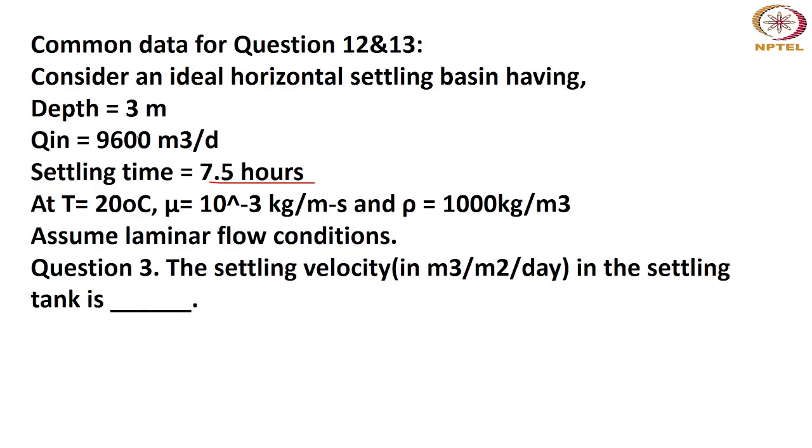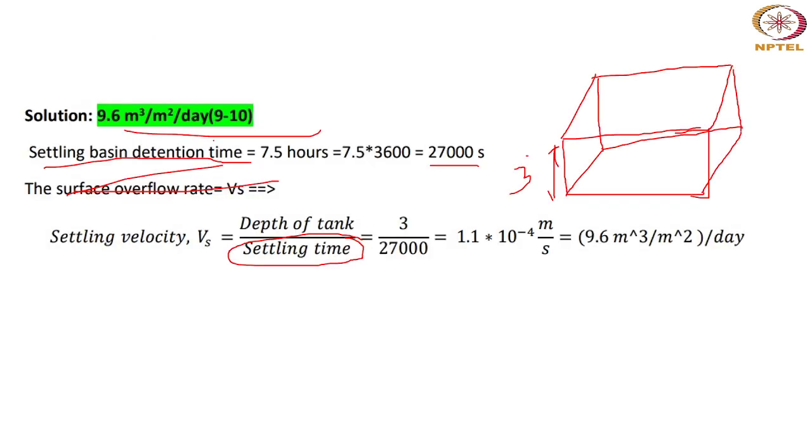Depth of the tank is 3 meter. Suppose some particle is coming here at that position. How much time will it take to go down? Actually it will go down like that, but this is my velocity. So with the settling velocity, I check how much time it will take to go down from this place to this place. This is my depth, and it has a settling time of 27,000.